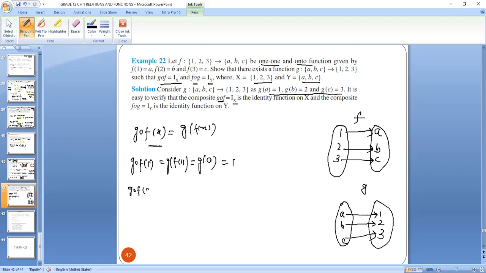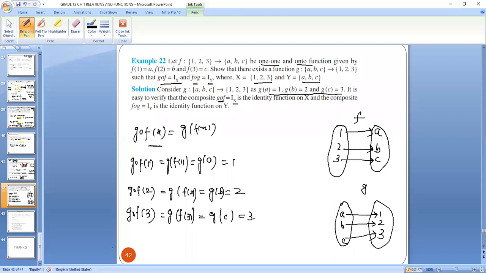g of f of 2 is g in the bracket f of 2. 2 is mapped to b, and g of b is mapped to 2. So g of f of 2 is 2. g of f of 3 is g in the bracket f of 3, 3 is mapped to c, and g of c is mapped to 3.